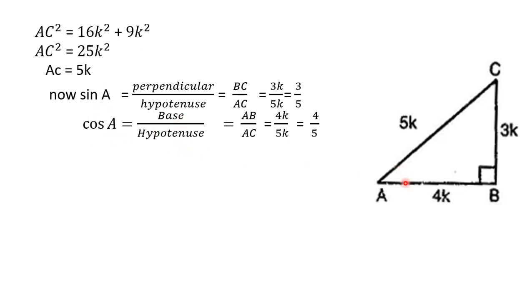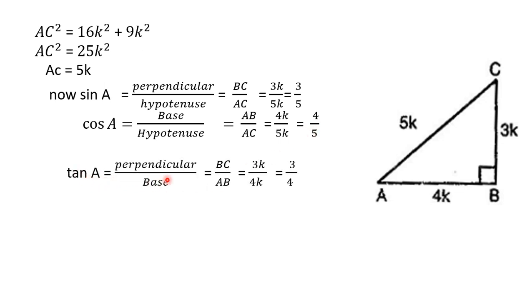With respect to A, base is AB and hypotenuse is AC. So AB upon AC is equal to 4K upon 5K. K and K will cancel out, so we have cos A is 4 by 5. Then similarly, we can find tan A, that is perpendicular upon base, is 3K upon 4K, which is 3 by 4.